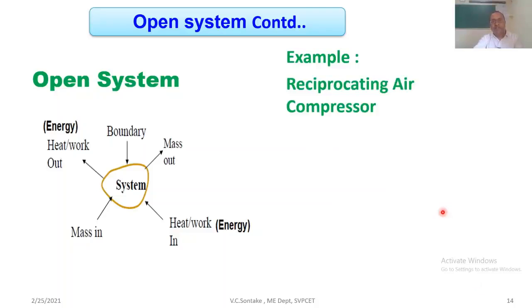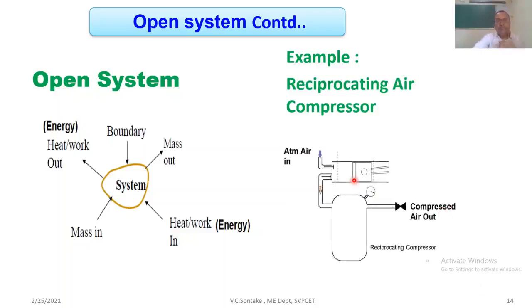Example, reciprocating air compressor. Here, low pressure, low temperature atmospheric air is entering into the compressor, and after compression, it leaves as compressed air, high pressure, high temperature air. So mass transfer is there.